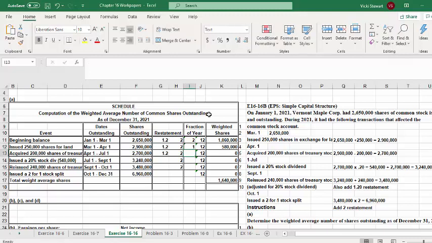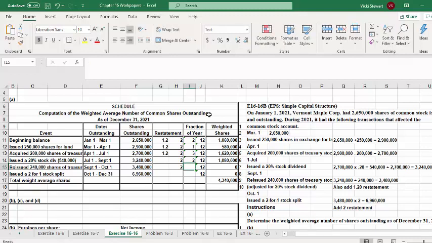Next, we had 200,000 shares that we decreased because we acquired those as treasury stock. So the shares fell to 2,700,000 for April, May, and June. So that was 3 months. And then we issued the 20% stock dividend on July 1st, and those shares of stock, 3,240,000, were outstanding for July and August.